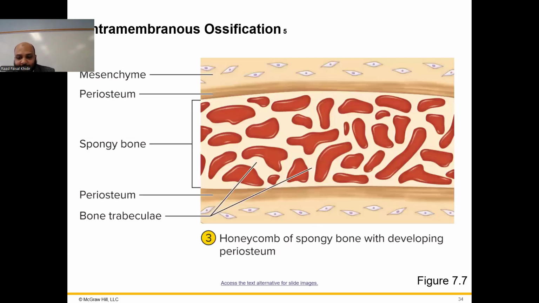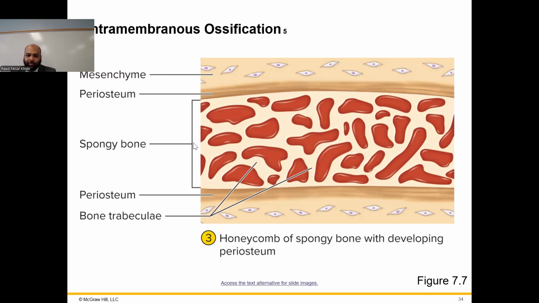And then there is the honeycomb of spongy bone with developing periosteum. You see, there's a honeycomb of spongy bone with developing periosteum. This is the bone trabecula, and this is the periosteum. The periosteum begins to develop, and that's the mesenchyme.